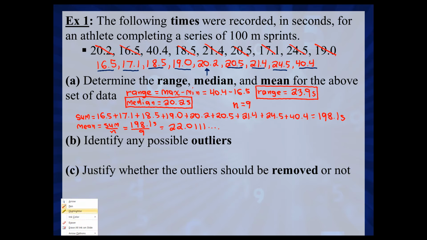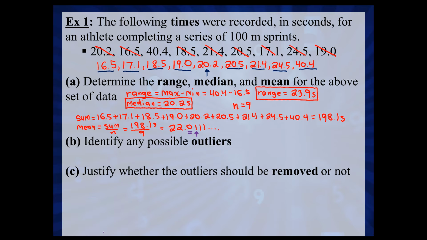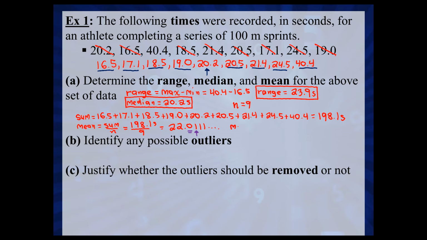Once again, if we get a decimal number, let's round it to the nearest tenth. To round, we look at the following digit. The following digit is a 1, and if that digit falls between 0 and 4, we do not round up. Therefore, my mean would be 22.0 seconds.